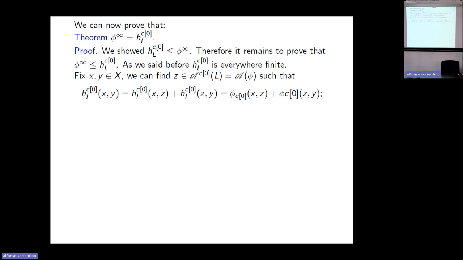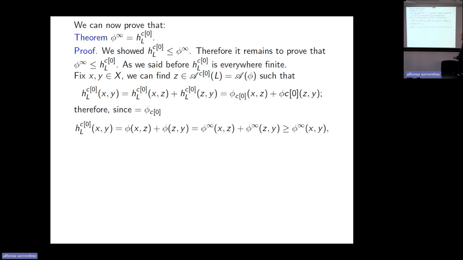Now, because phi is equal to phi C0, and z is in the Aubry set of L and also of phi, we get that H C0 L of xy is phi of xz plus phi of zy.